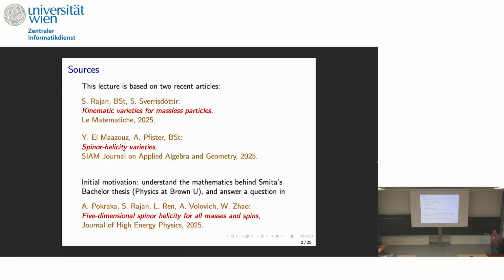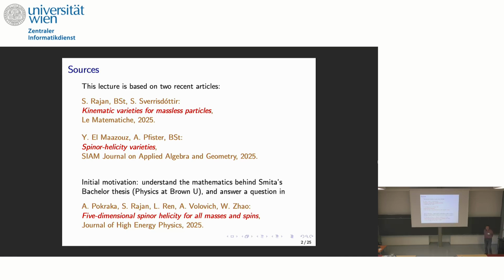The way we got into this is I wanted to understand the mathematics behind Smita's bachelor thesis. Smita wrote a bachelor thesis in physics at Brown University with Anastasia Volovich, whom the amplitudes people in the room know. I wanted to understand what's in her master's thesis, because she was interested in working with me, and that led to this paper. I'm sorry, her bachelor thesis. And this bachelor thesis also then became part of this article called 5-Dimensional Spinor Helicity for All Masses and Spins that was published in this journal.